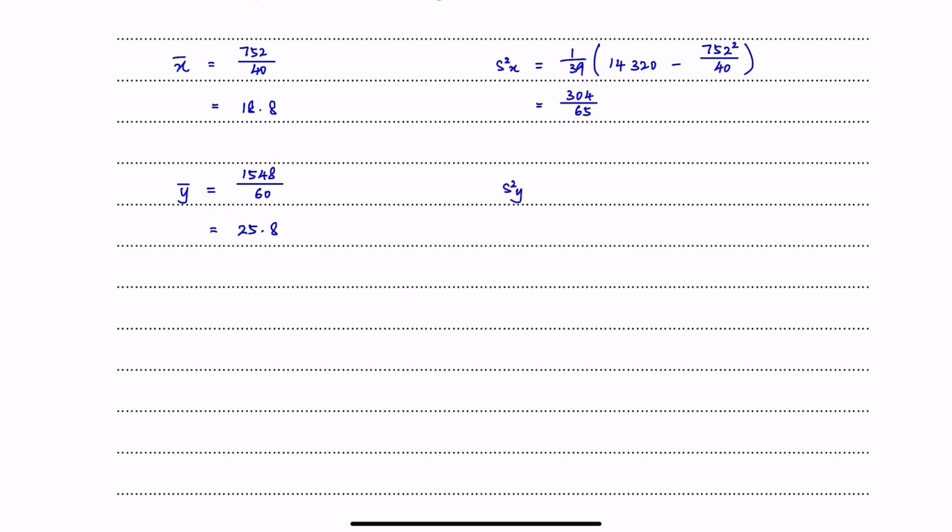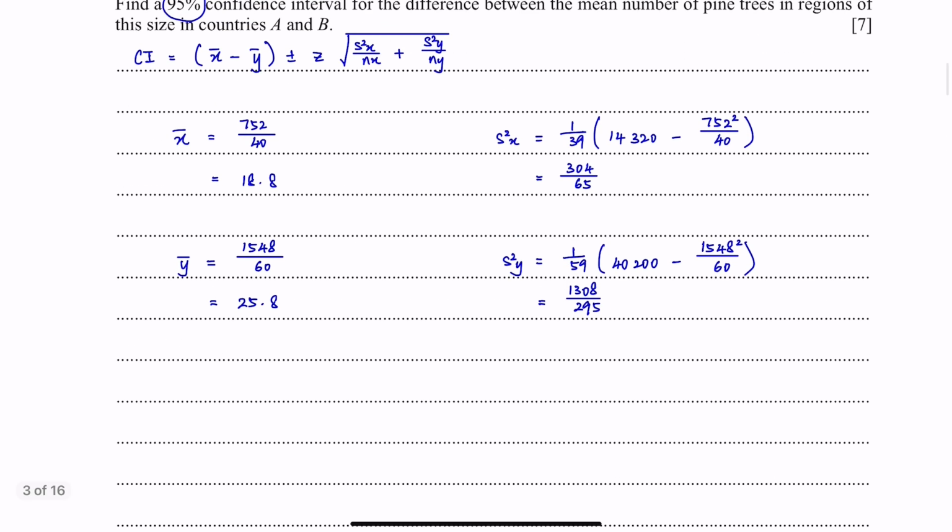As for s squared y, we have 1 over 60 minus 1, which is 59, times the sum of y squared, which is 40,200, minus the square of the sum of y, which is 1548 squared, divided by the number of y, which is 60. So for this, we would have 1308 over 295. So now we can plug all these figures into this formula.